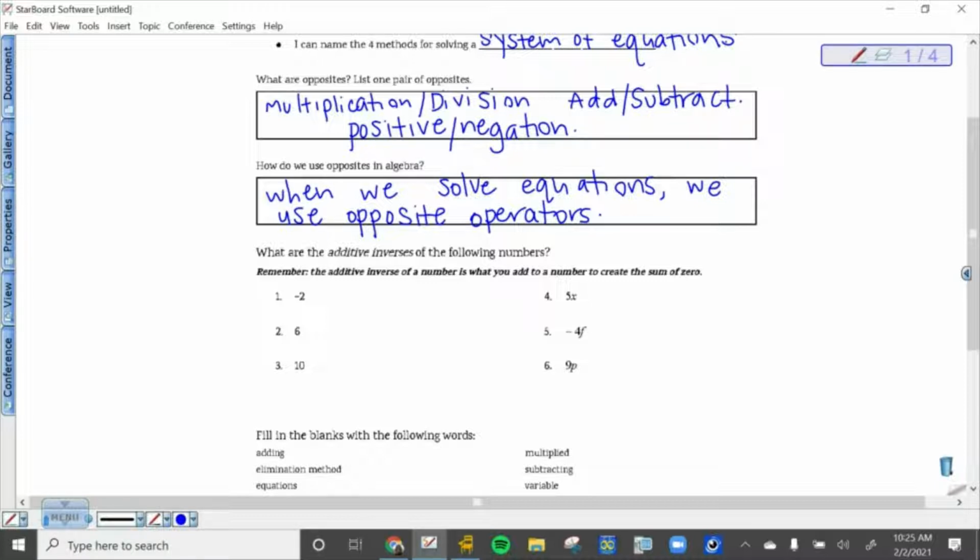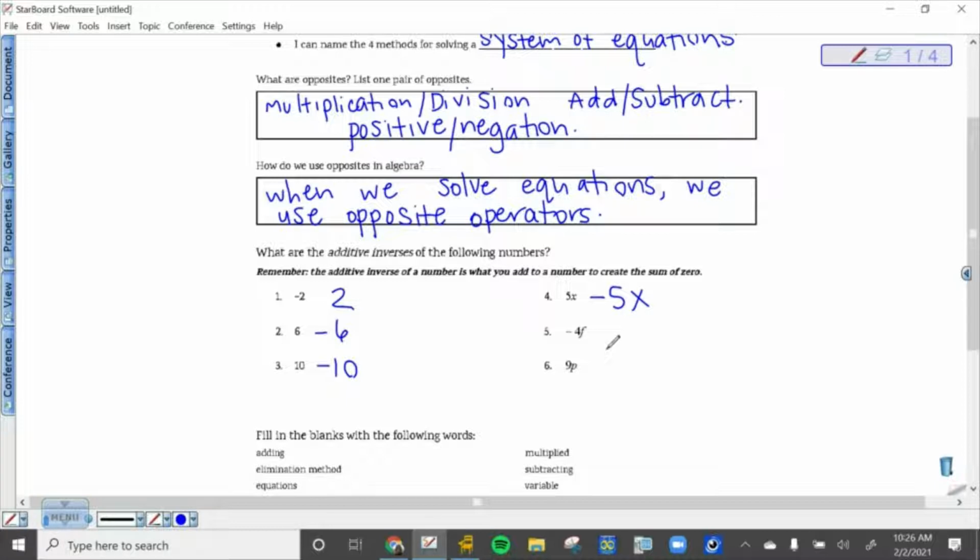Okay, so let's go through and we'll name the additive inverses here. So for negative 2, the additive inverse is just going to be the same number, opposite sign. So that means it's positive 2. How about 6? And 10? Someone else? Mauricia, what about 5x? Yeah, negative 5x.